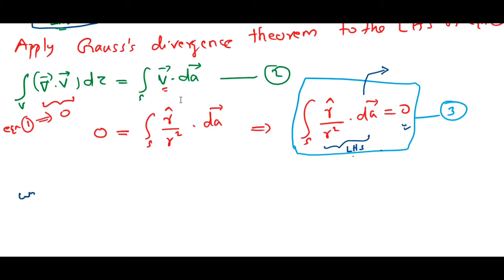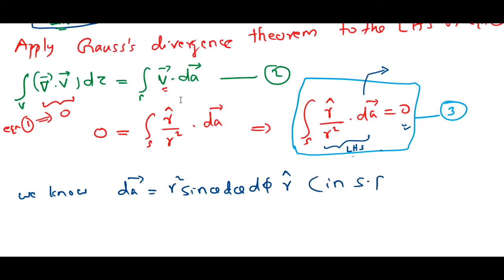We know dA is equal to r square sine theta d theta d phi r cap in the spherical polar coordinate system.